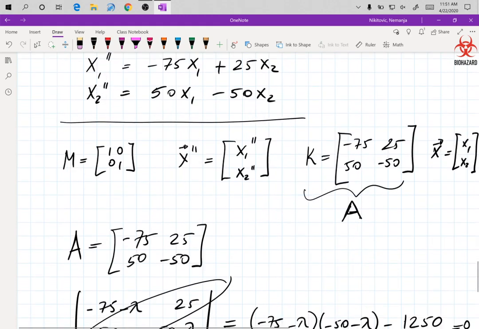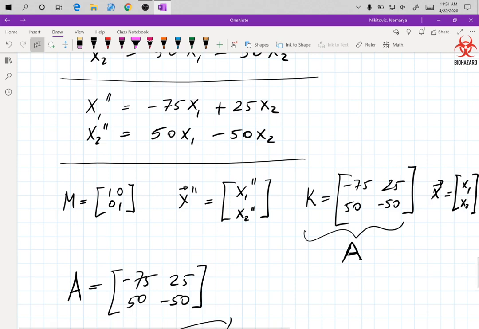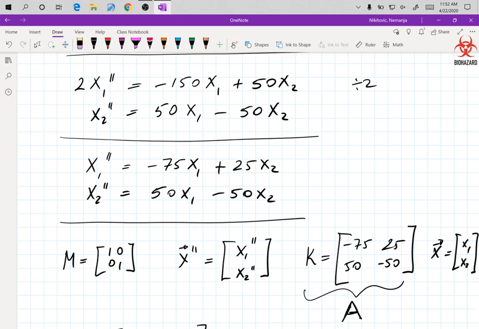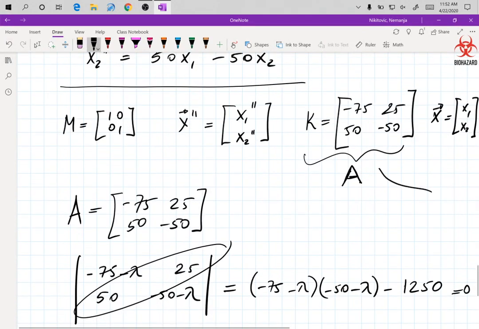It will always work out to have coefficients of 1, and the identity matrix has coefficients of 1. So you will always have coefficients of 1 there if you do this trick of dividing each equation by its own mass. You are actually forcing the identity matrix there, because that gives you A right away without messing with the inverse.